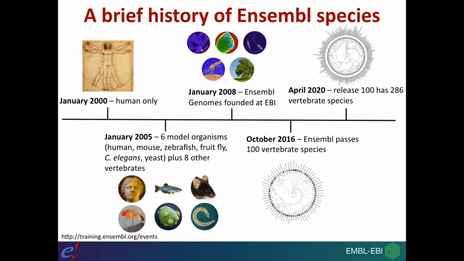So basically you can see over these 20 years how the number of species in Ensembl in particular has been growing quite rapidly. And that's obviously a technical problem that we have to solve in terms of being able to store and present such a wide array of data for such a large number of species.